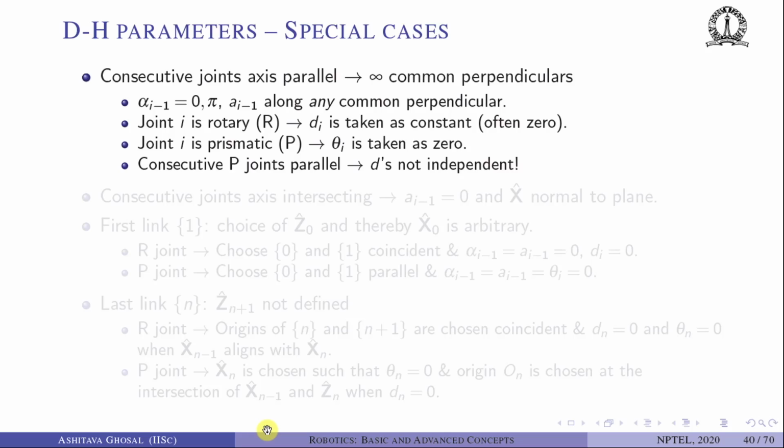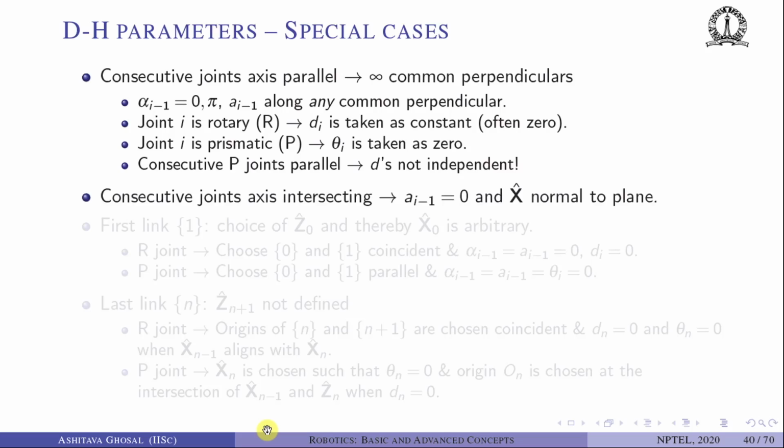A prismatic joint basically allows slide translation along the joint axis. So if we have 2 prismatic joints and they are parallel, then for the third rigid body after the 2 consecutive joints, we cannot distinguish between the motion of these 2 prismatic joints. So it doesn't matter. 2 parallel prismatic joints is basically equivalent to 1.